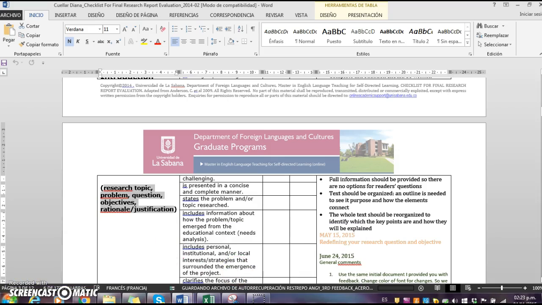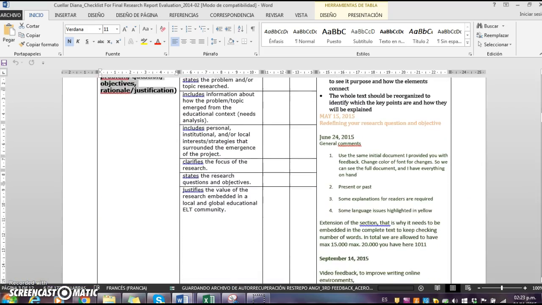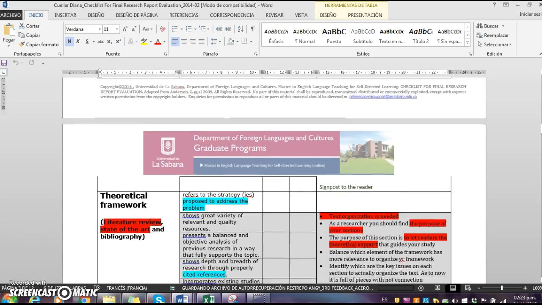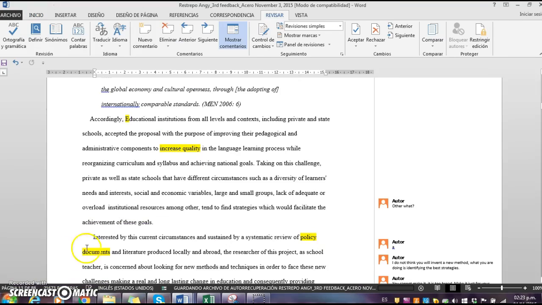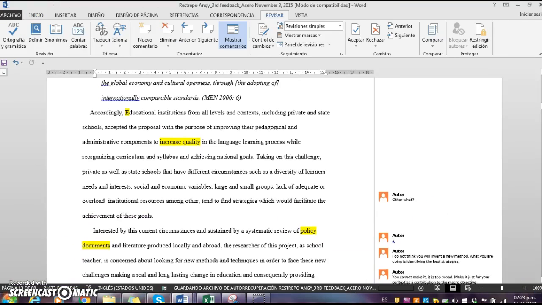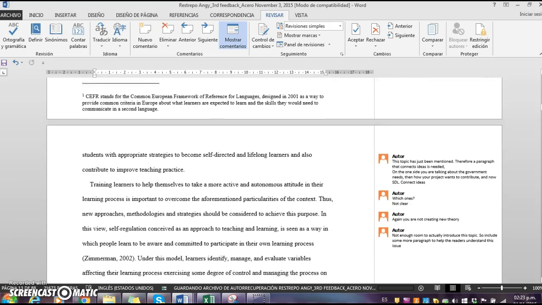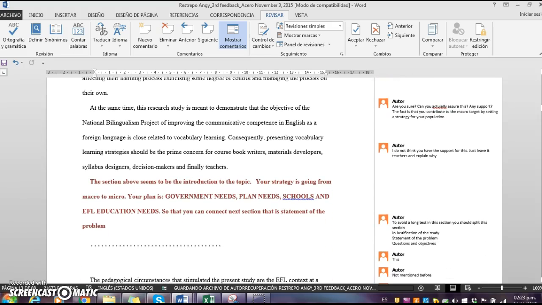The second area that you have to consider is how you are organizing these sections. The theoretical framework, in which you have to present the literature review and the state of the art that you actually use. In this part, I have to say that there are a lot of ideas, but I don't see that many of those ideas are connected.